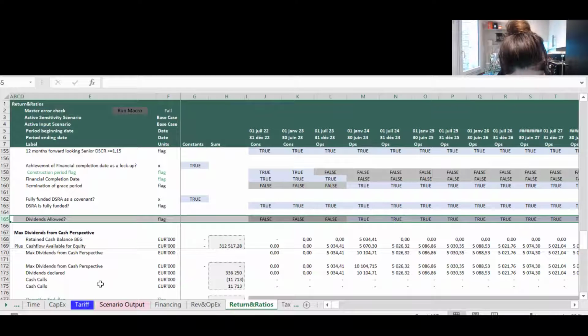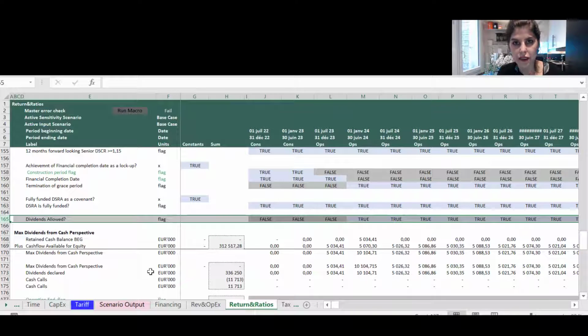Okay, and then once you created this flag, the last step is you have this dividends due, which is, as I told you in the beginning of the video, the last line in my cash flow waterfall, the cash flow available for distribution to investors. Okay, so are you allowed to distribute that?